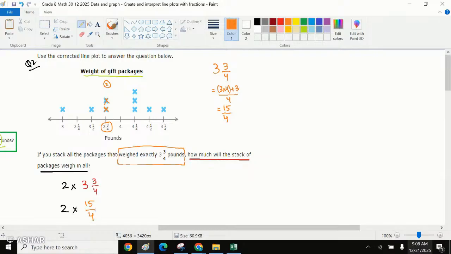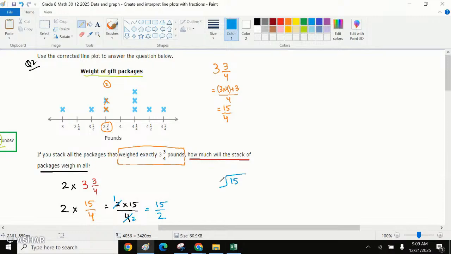And in multiplication, we know that the numerators are always multiplied with the numerator, and the denominator with the denominator. Or we can write this as 2 multiplied by 15 divided by 4. So 2 times 4 is 8, and 2 times 15 is 30. That means our answer comes out to be 15 upon 2.